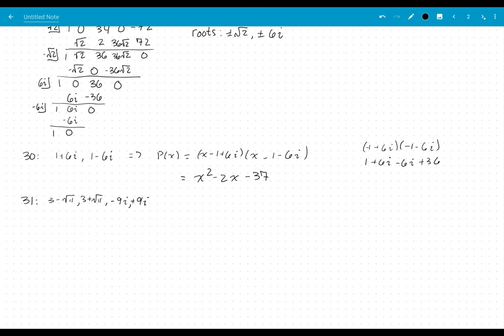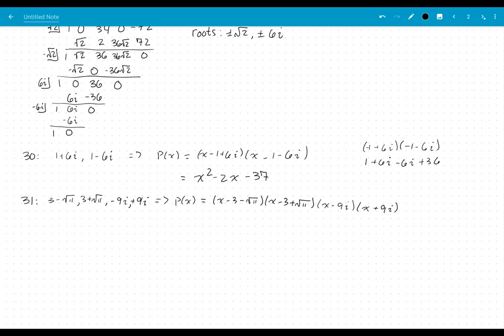Okay. And then that means our polynomial is equal to x minus 3 minus the square root of 11, and then times x minus 3 plus the square root of 11, and then x minus 9i times x plus 9i. Okay.